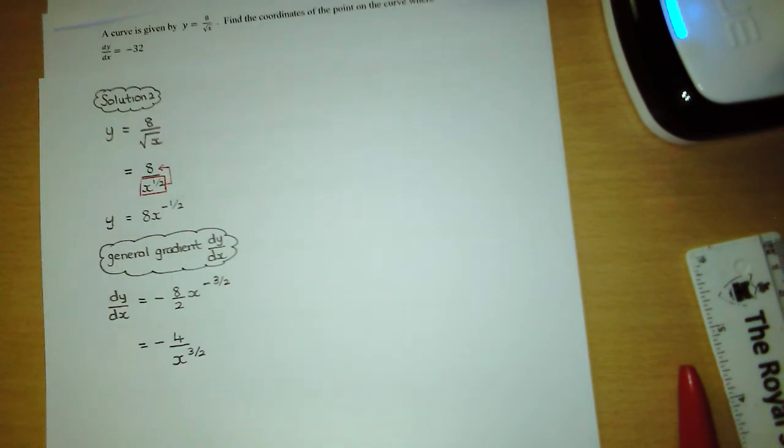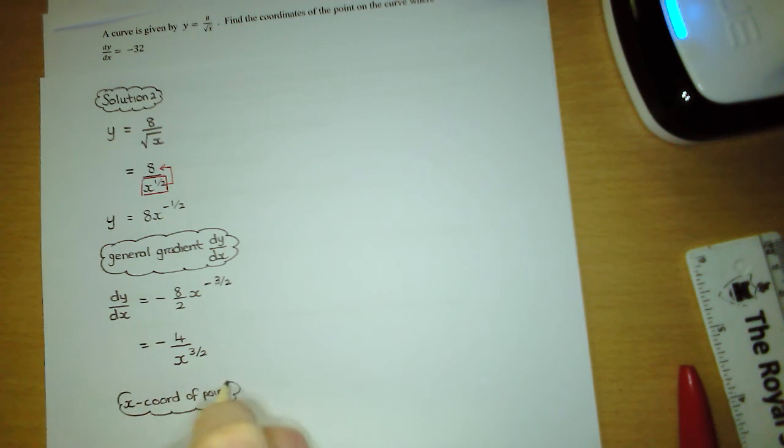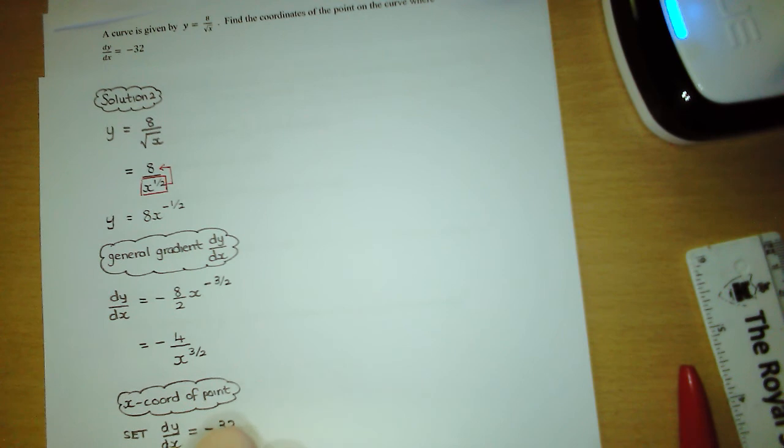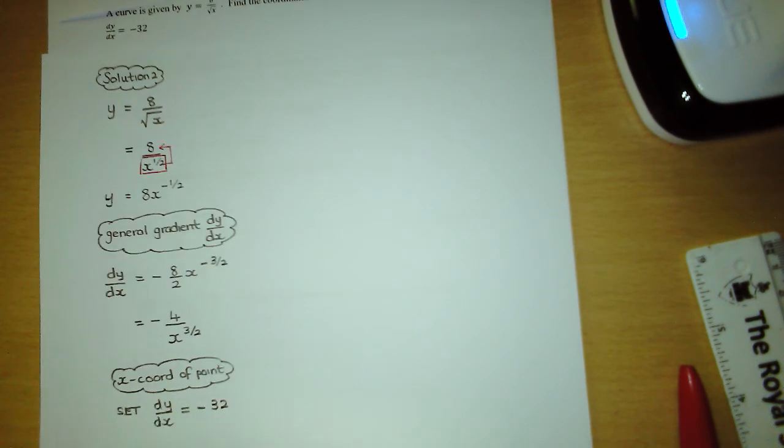So in order to get the x coordinate of this unknown point, we're going to set the general gradient, dy by dx, equal to the actual gradient. And the actual gradient here is minus 32. So the general gradient, dy by dx, is minus 4 over x to the power 3 over 2.